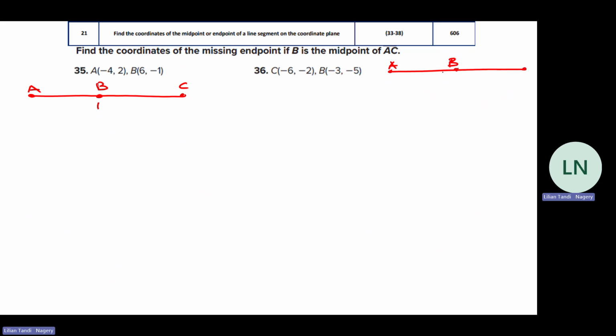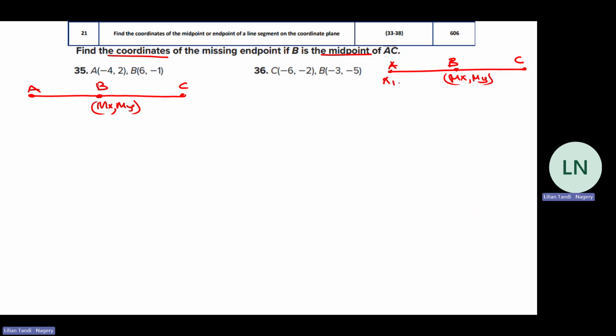A must be the beginning of the line, B must be in the middle, and C at the end. So this is MX, MY. The minute I see the word midpoint and coordinate, I should have MX, MY.